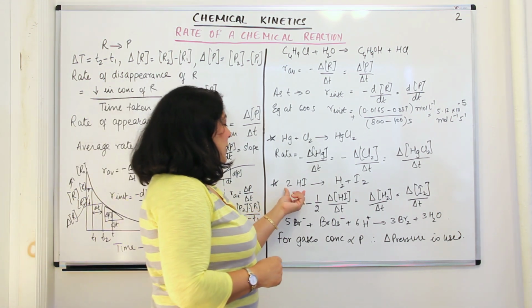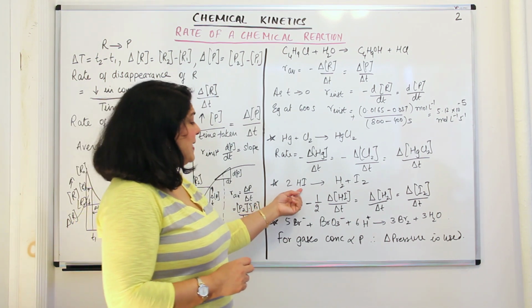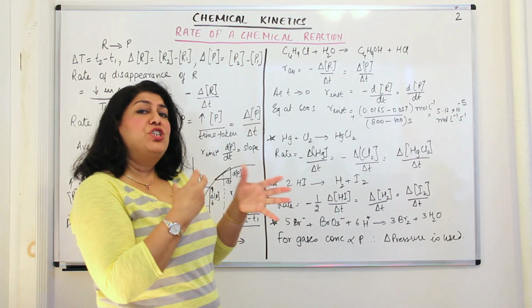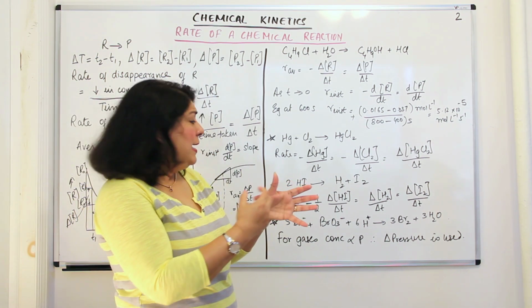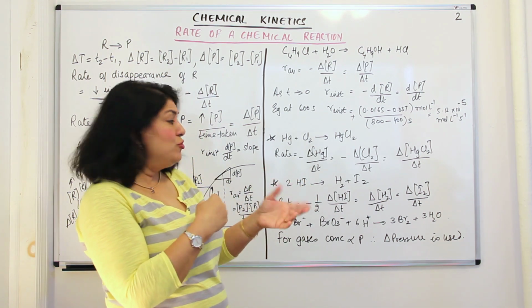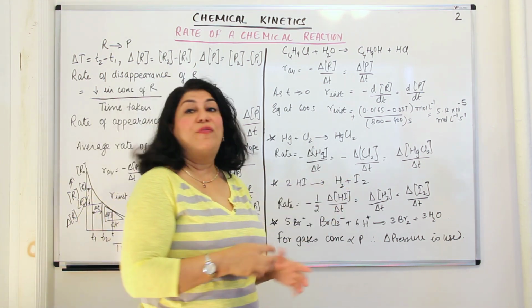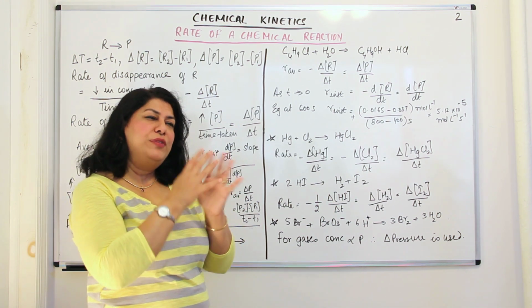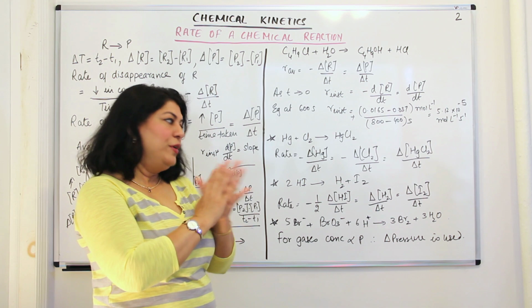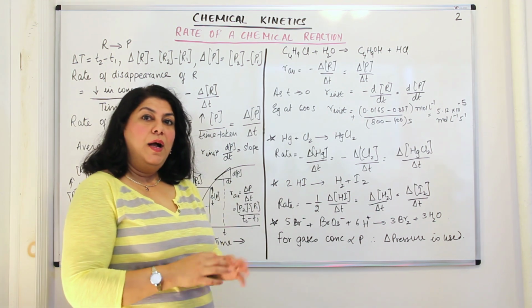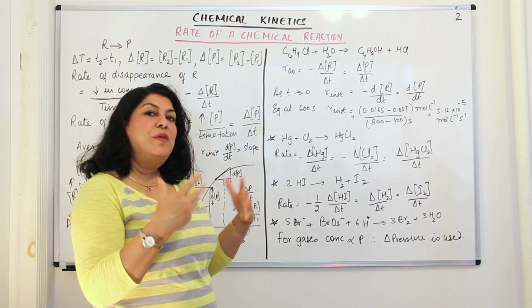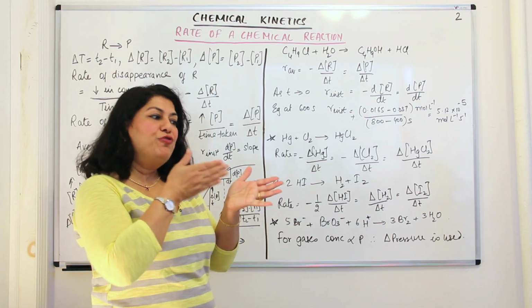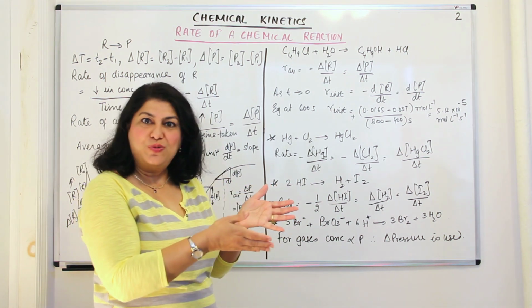Now, if you look at this, 2 moles of HI are being used up. When 2 moles of HI are used, 1 mole of hydrogen and 1 mole of iodine is formed. So when I am calculating in terms of the decrease in concentration of HI, the decrease will be double, because it's not 1 mole, 2 moles are being used.